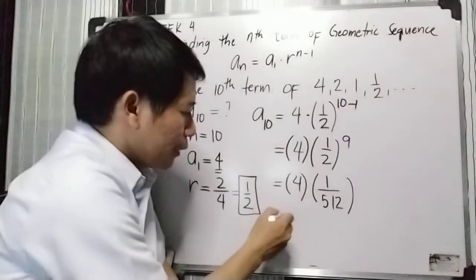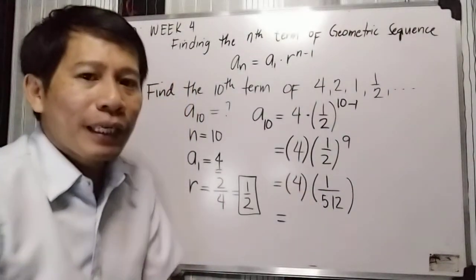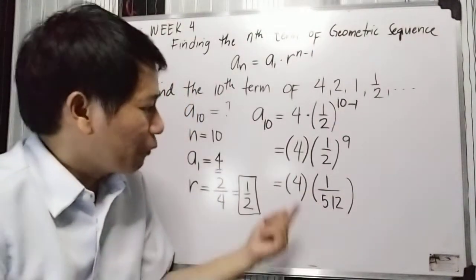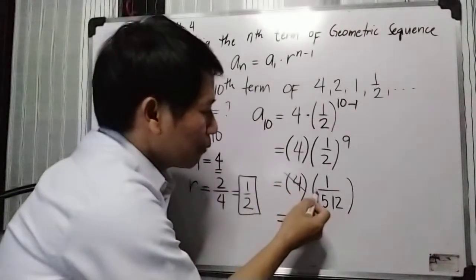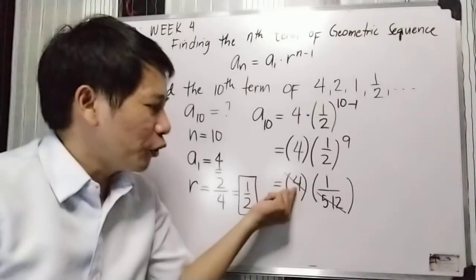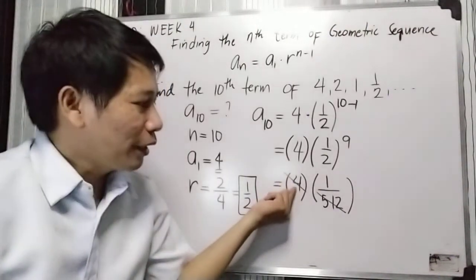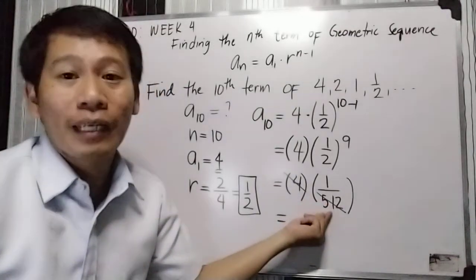As you will observe in our given here, we can simplify yung 4 at 512. Pwede tayong mag-cancel out kasi may common factor. Bakit pwedeng i-cancel out? Kasi yung 4 ay numerator, at ito ay 512 is the denominator.